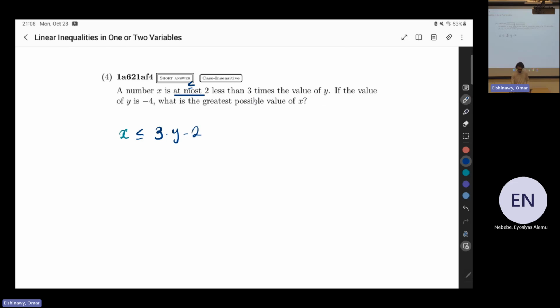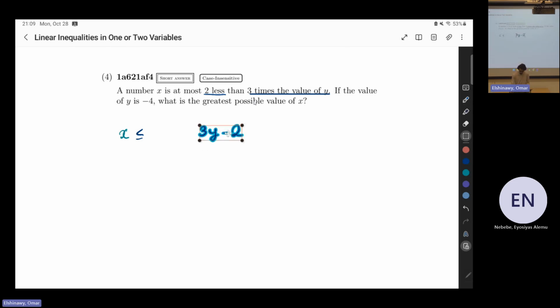So if you read it from right to left, then it's probably a bit easier to see. You start with 3 times the value of y, that's 3y. And then you go 2 less, so minus 2.